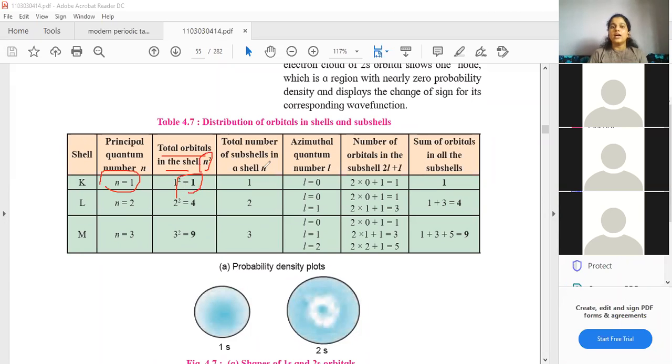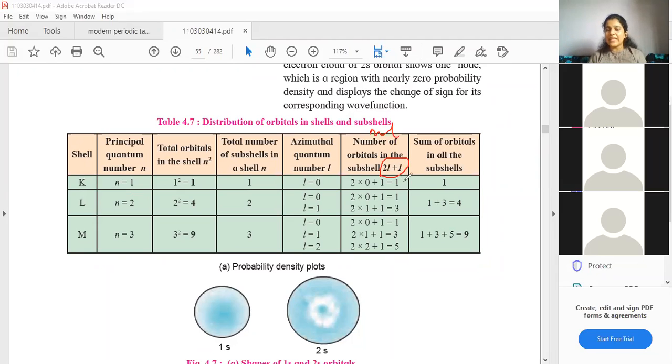Here, students, the value of l, the azimuthal quantum number, is 0. So if l is 0, it means only one subshell, and which is that? 1s. You already know this. Next, we find out ml. Students, for ml, what is the formula that we use? 2l plus 1. If you substitute l as 0, you get 1, which means out of that range, only one value we are supposed to write, that is 0.